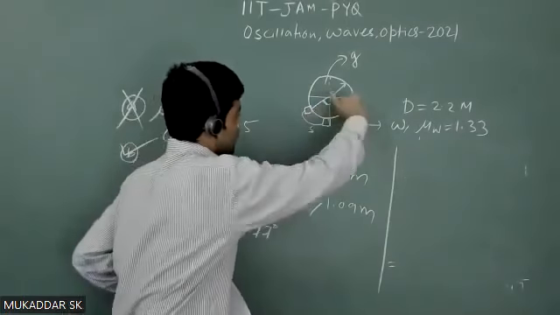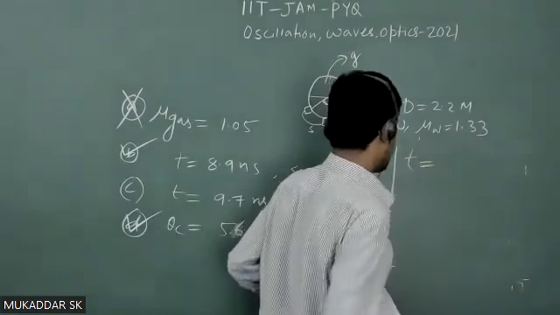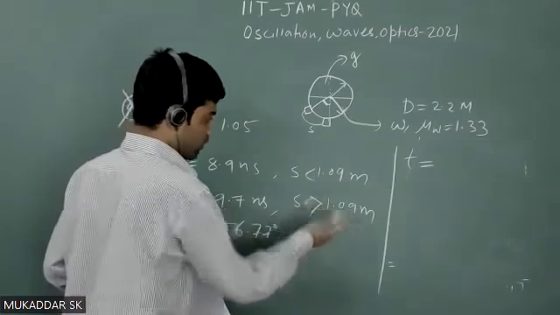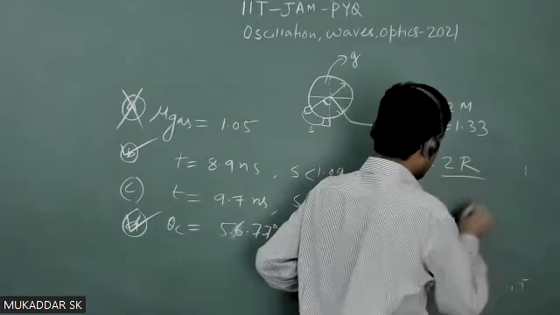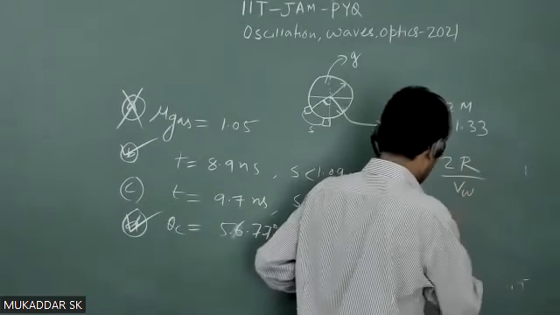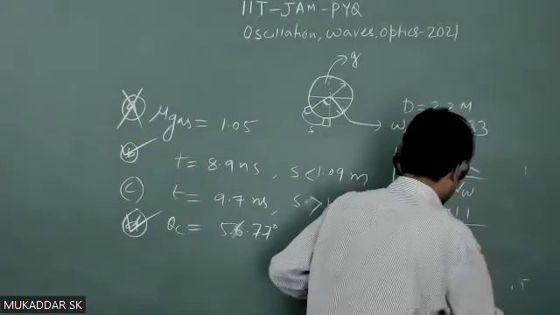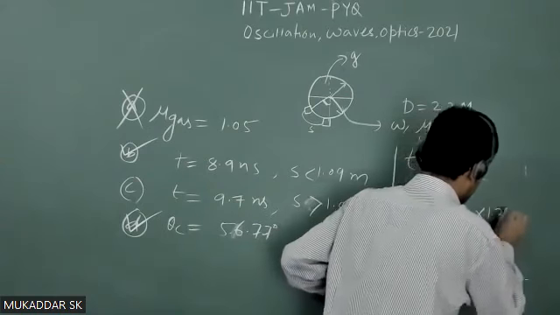R plus R. So total time taken to reach that rim when S is greater than 1.09 meter will be total distance, that is 2 into R divided by velocity of light in water. So it means 2 into 1.1, and you have velocity, that is C divided by N of water, that is 1.33.